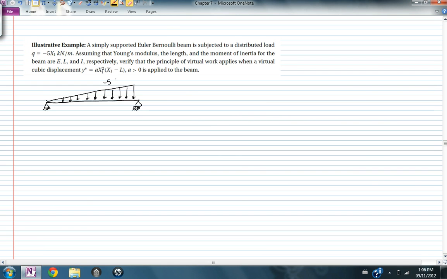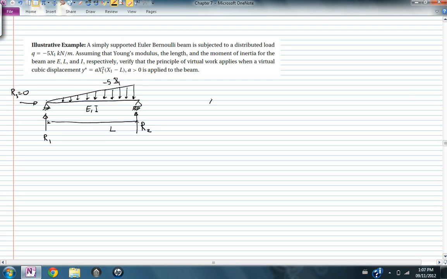It has Young's modulus E, moment of inertia I, and length L. We have a reaction R1 here, another reaction R2 here, and another reaction R3, but I know that R3 is equal to 0.